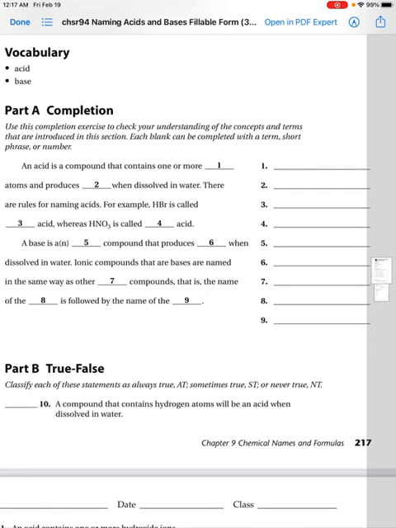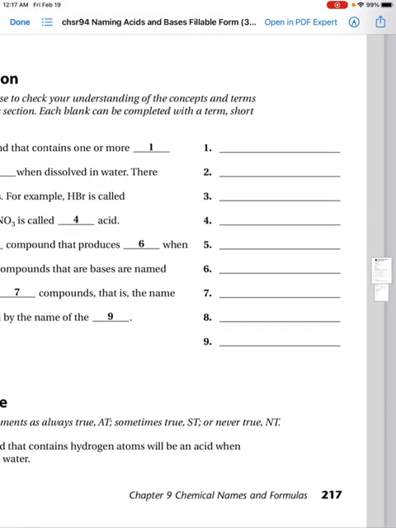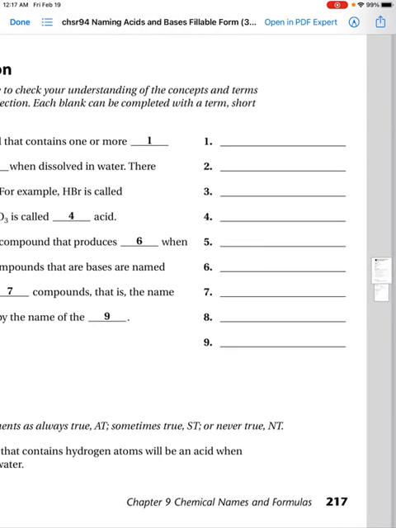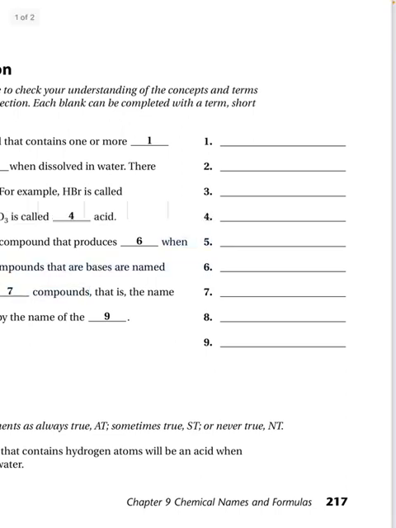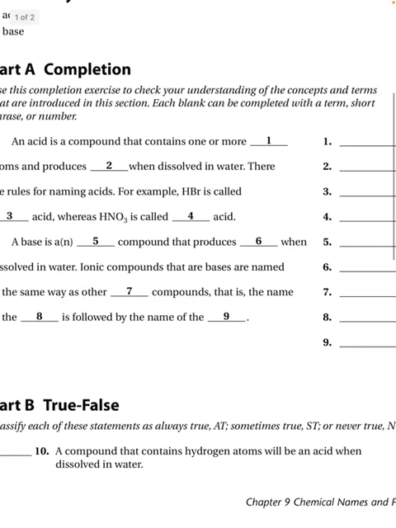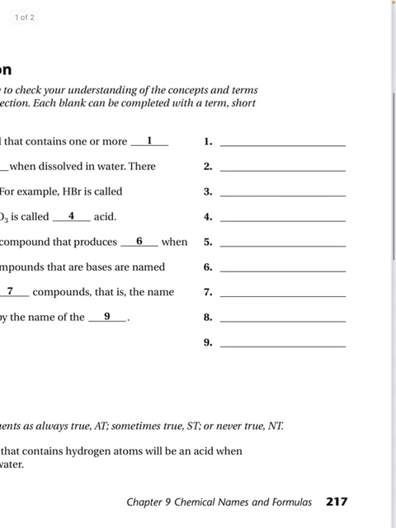An acid is a compound, and I'm reading along. You can open it up yourself and see. I have another screen open where I can read the paragraph over here. Oops, didn't mean to do that. But an acid is a compound that contains one or more hydrogen atoms.